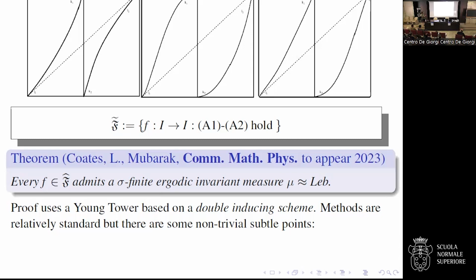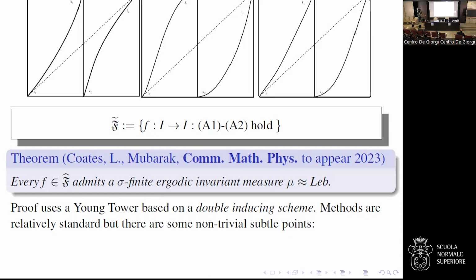So even though you have a critical point here, and even though the tangency might be very degenerate here, still, if you take a point very close to here, the derivative is very small, and then it comes very close to here, it spends a long time here, enough time to compensate for the small derivative and to become expanding. And this is easy to see asymptotically. It's a back of the envelope calculation asymptotically.